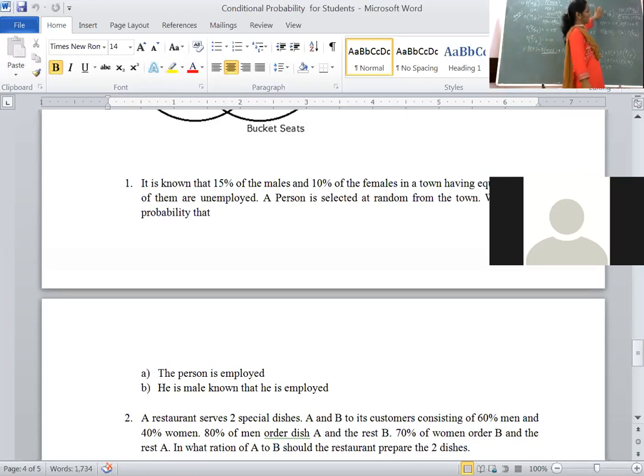Bayes theorem statement: an event A can occur in conjunction with one of the n mutually exclusive and exhaustive events, then the probability that it was preceded by E_i is the probability of E_i given A. Bayes theorem is nothing but the inverse of conditional probability.